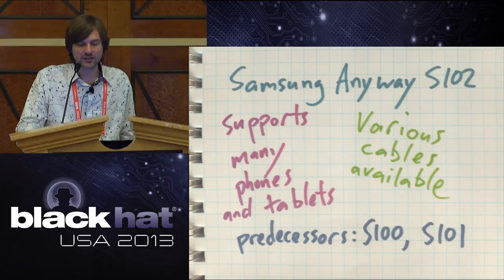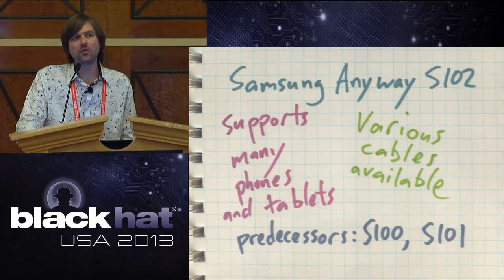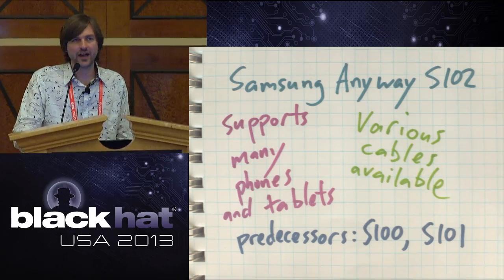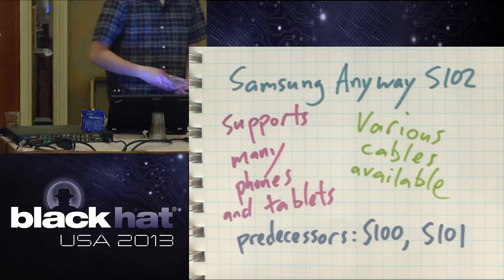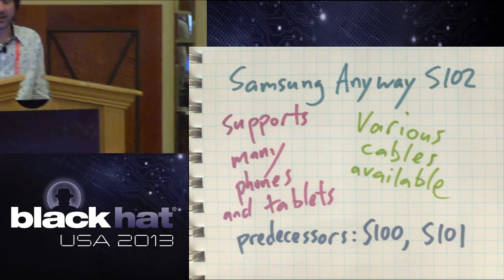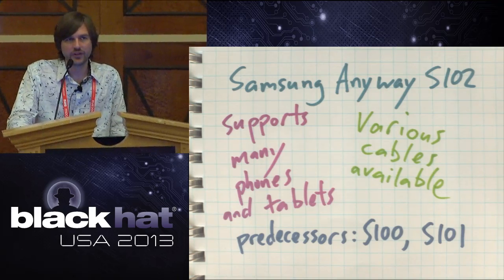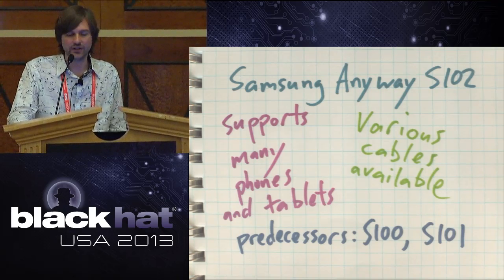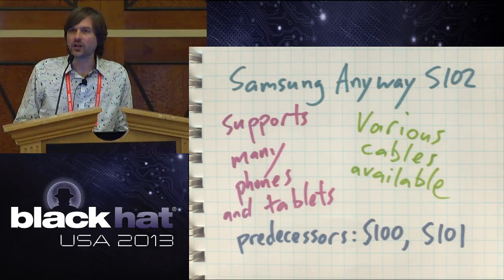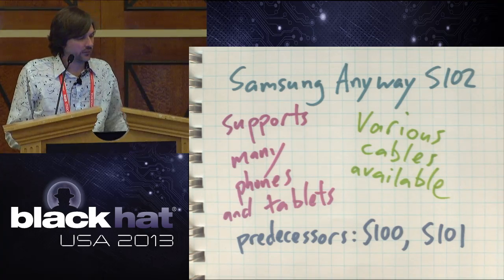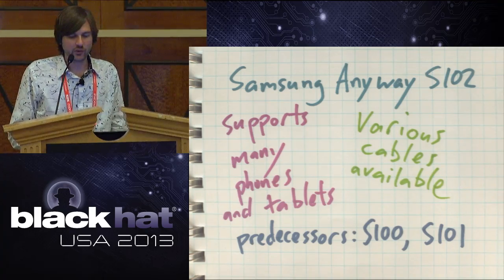It's this blue box, and it supports a whole bunch of Samsung phones and tablets. I mean, going back to a lot of non-smartphones, feature phones, all the newer smartphones and tablets from Samsung are supported on this device. And it has these predecessors, the S100, the S101. We just have the latest one here.